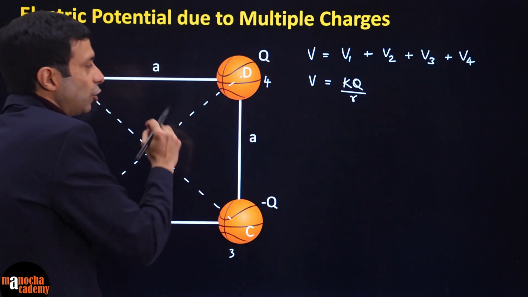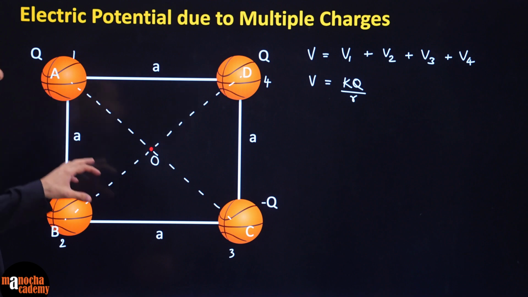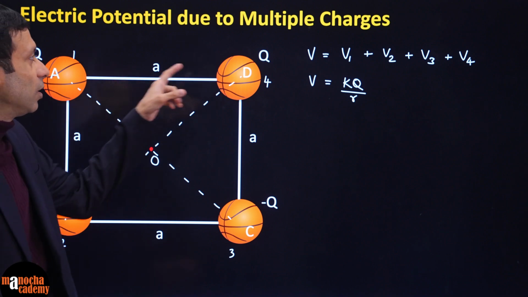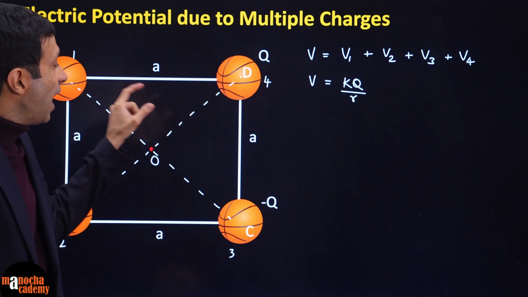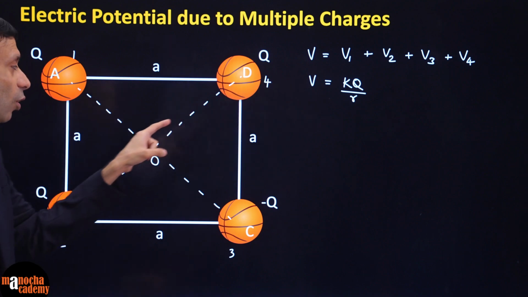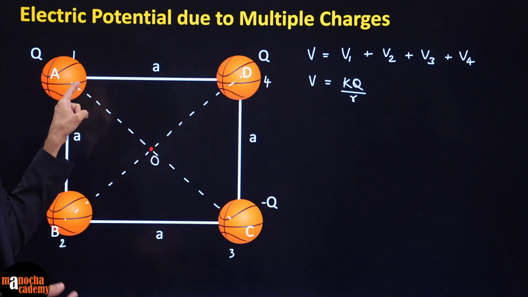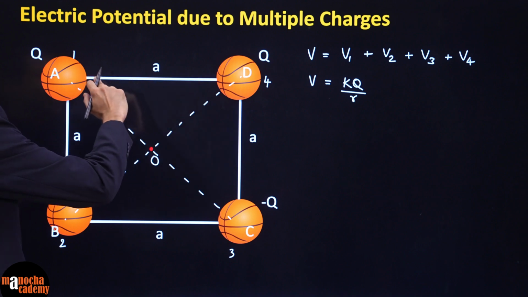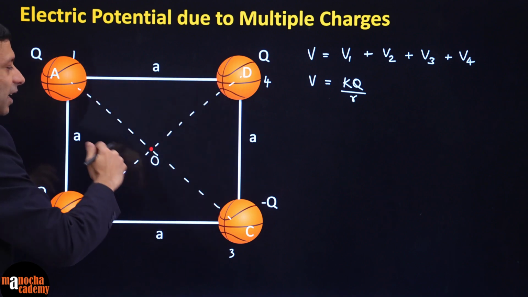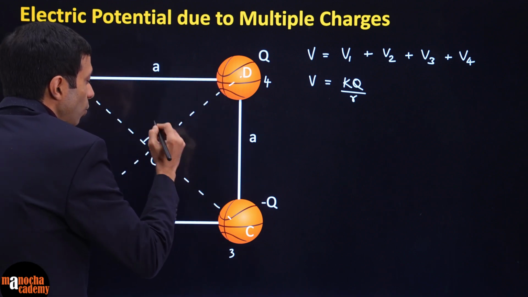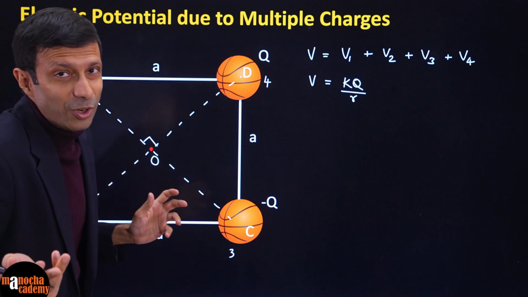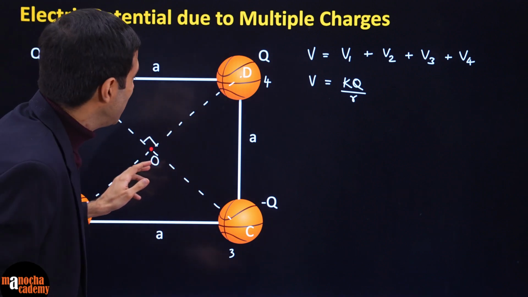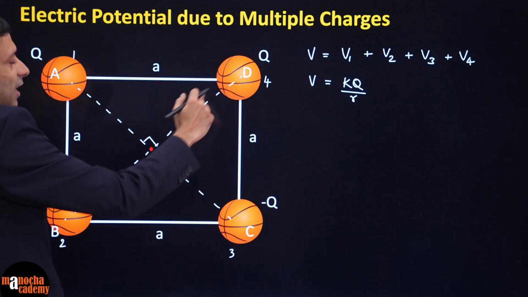So again, assuming each of these as point charges, go ahead and substitute the charge, and you need to find the distance of this point O from the charge. Now how do you do that? Just some simple mathematics here. Each side is A, this is a square, and in a square, diagonals bisect each other at right angles, and all these lengths are equal.